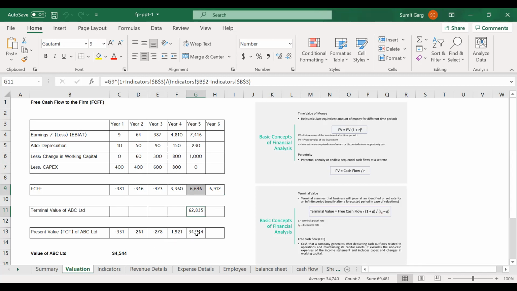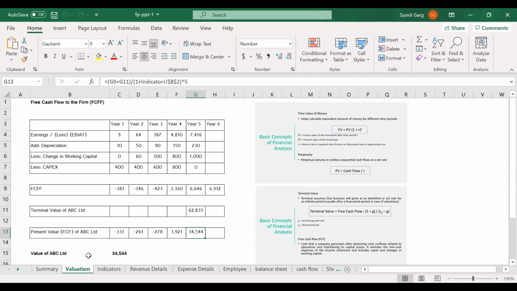To arrive at the figure back to the year 1, you remember, we have the time value of money concept. So we add these two figures and divide by the discount rate plus 1 to the power 5, which is for the 5 years.